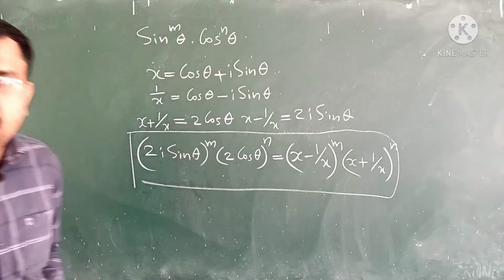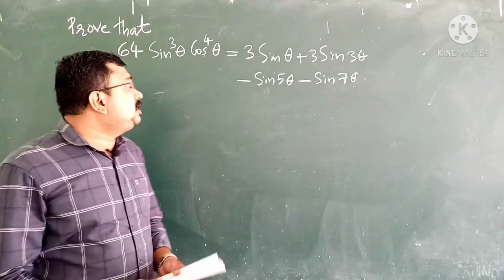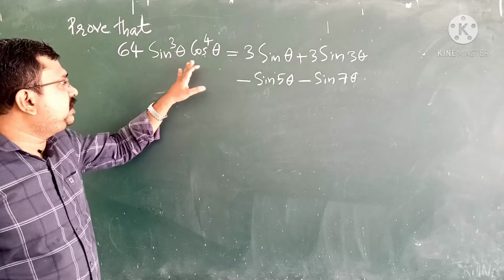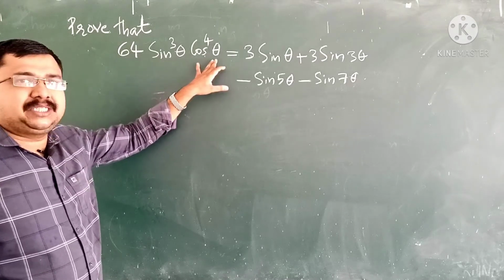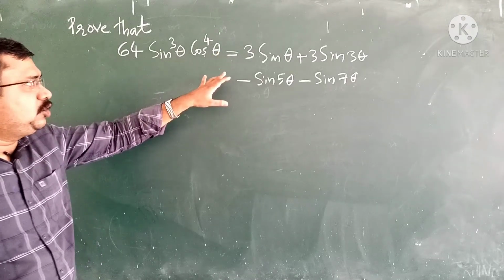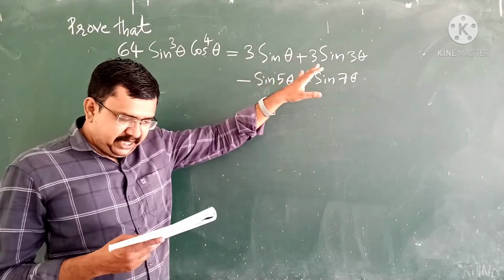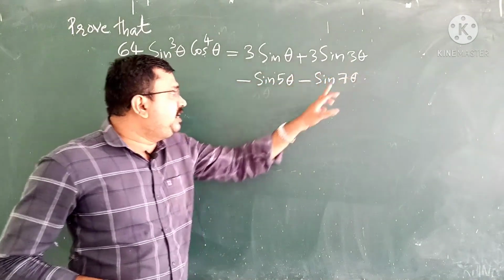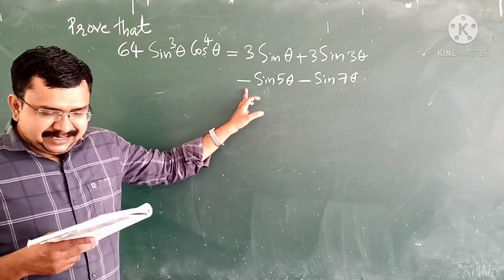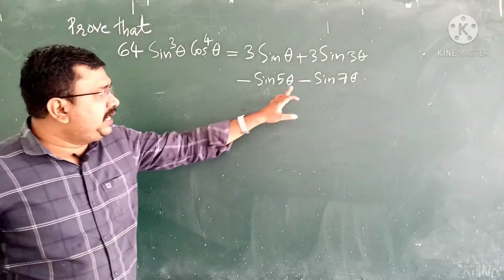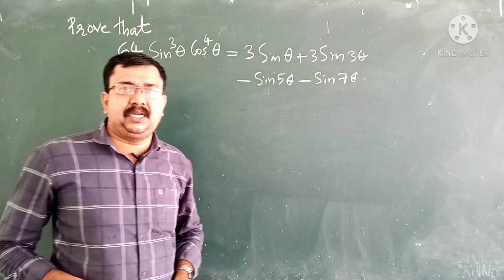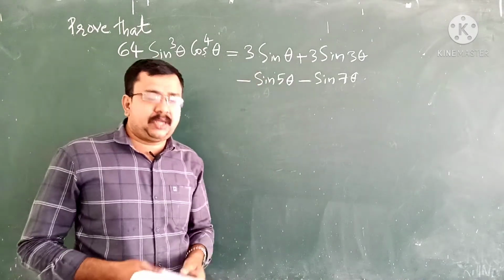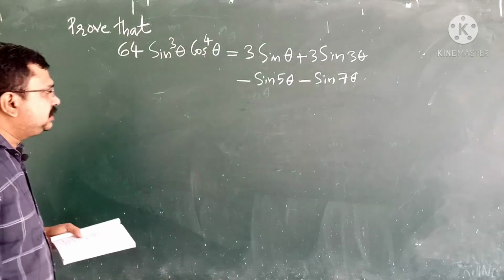Our next question is, show that 64 sin cube theta into cos raised to 4 theta is equal to 3 sin theta plus 3 sin 3 theta minus sin 5 theta minus sin 7 theta. We want to show this result. How to find out this result?